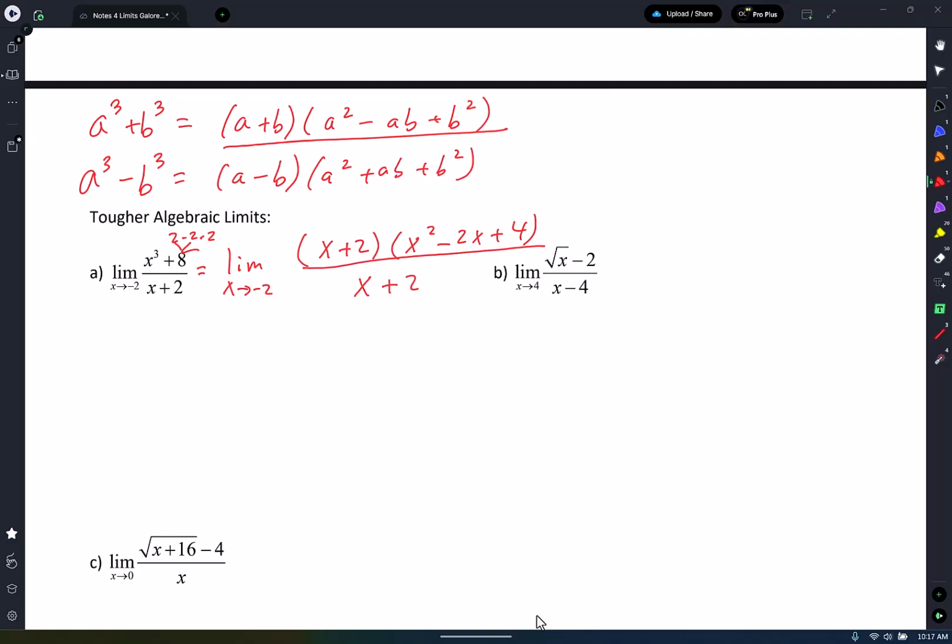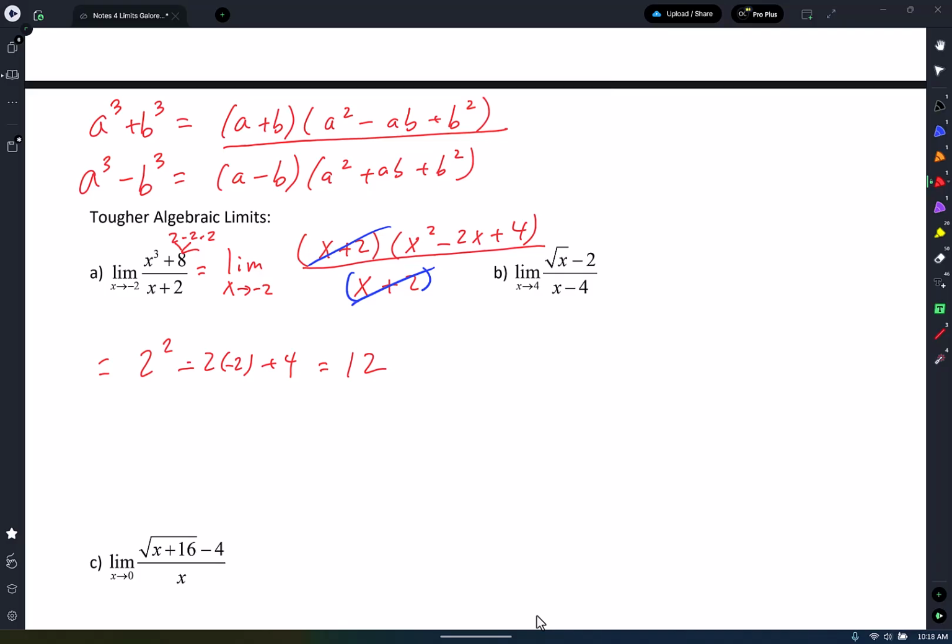I have a product in the top, and I'm dividing. Those are inverse operations, so what can I cancel? The x plus 2's. Now can I do direct substitution? Yes, plug it in. Negative 2 squared minus 2 times negative 2 plus 4: negative times the negative is a positive, so 12. Yay or nay? Okay.